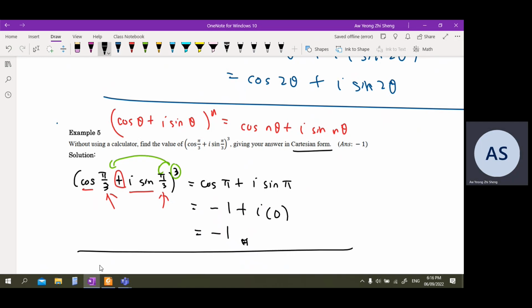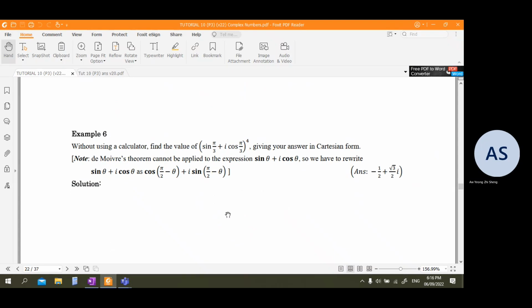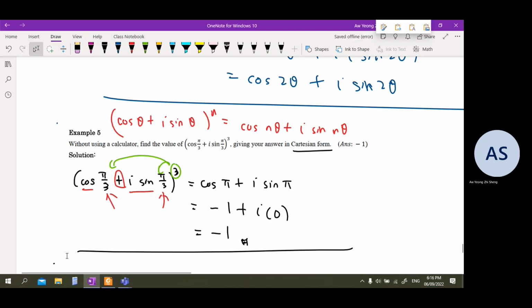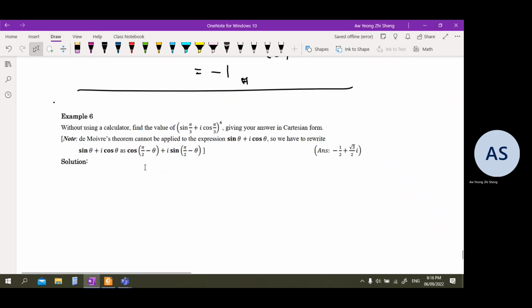Next, example 6. Without using a calculator, find the value of (sin pi/3 + i cos pi/3) to the power 4, giving the answer in Cartesian form. Note that this is sin plus i cos.